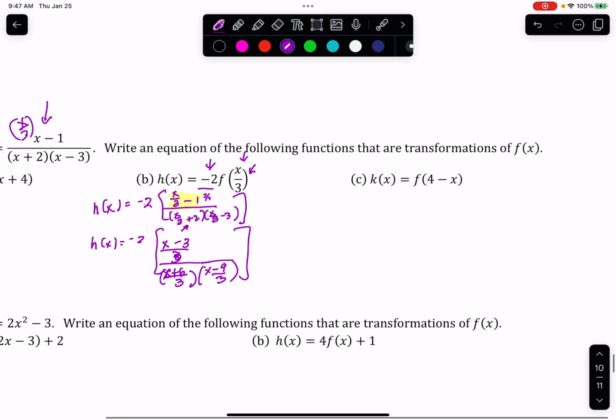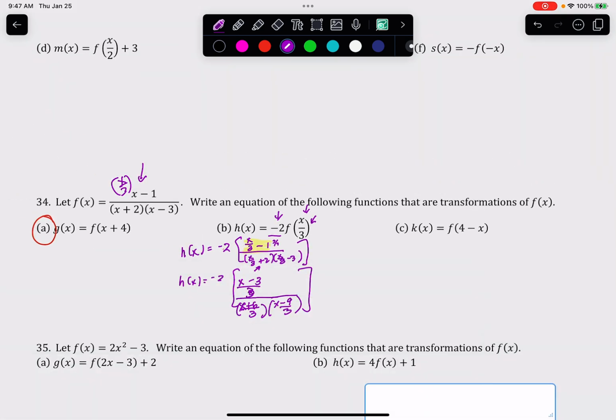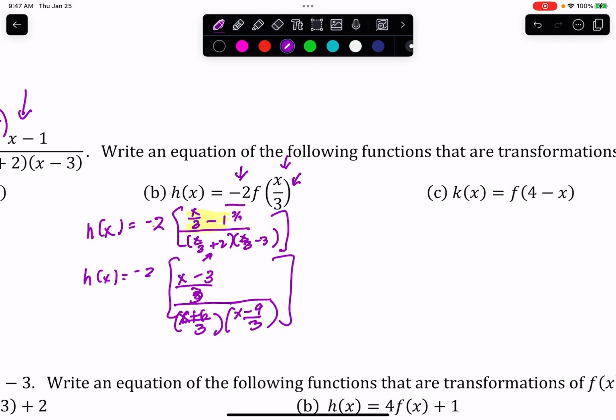All right, so now let's combine the 3's.